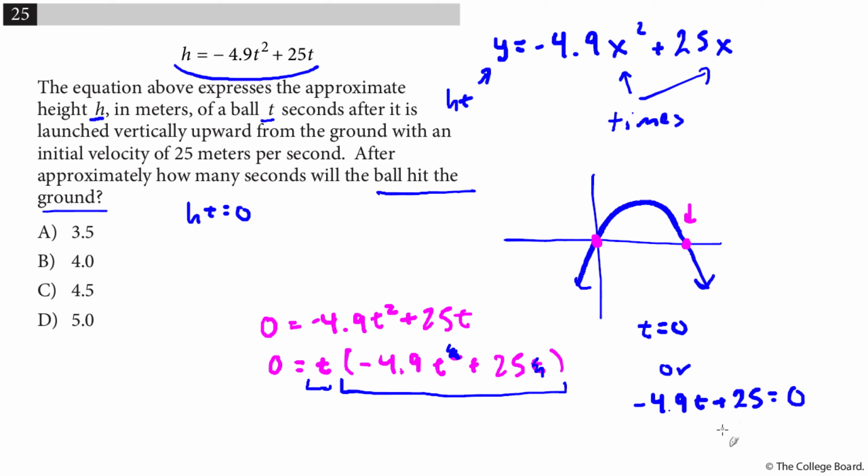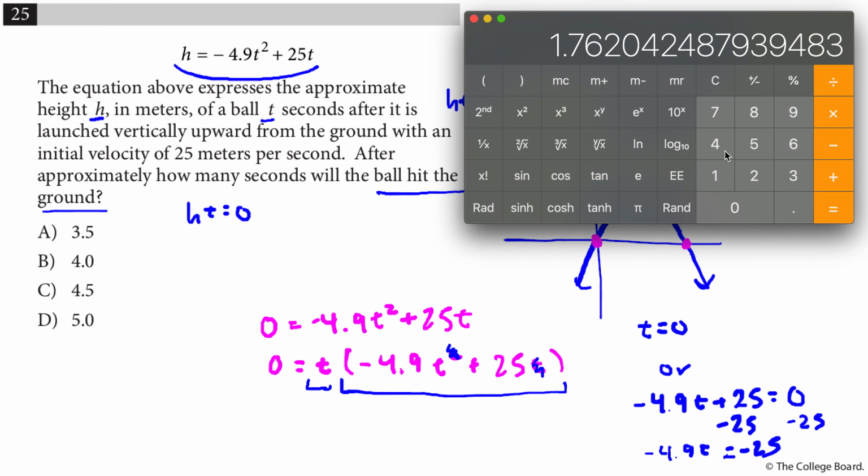And I just solve this by subtracting 25 from both sides. Get negative 4.9t equals negative 25. And now I'll go to the calculator and divide both sides by negative 4.9. So I have negative 25 divided by negative 4.9.